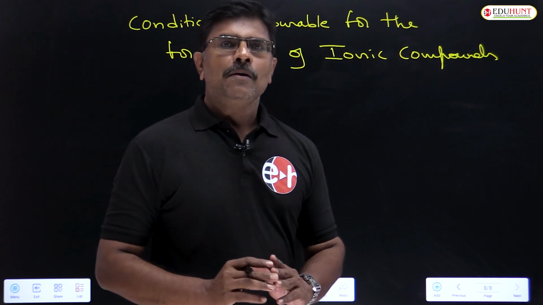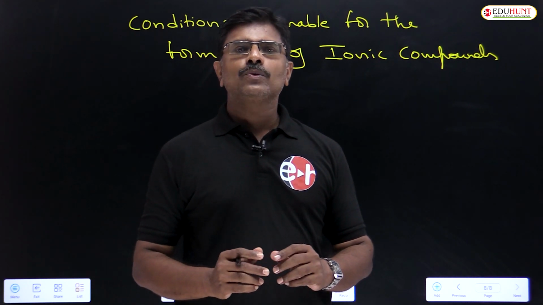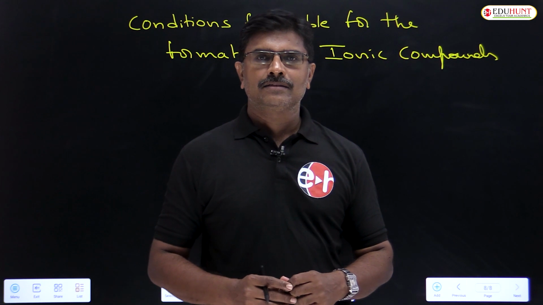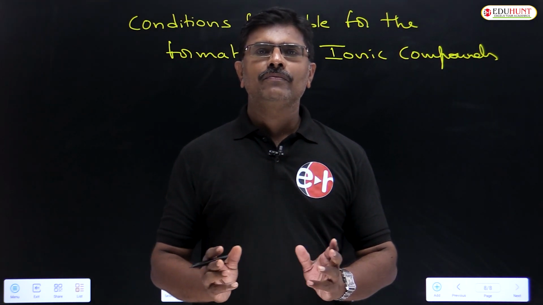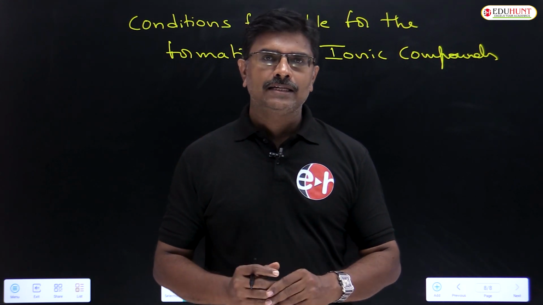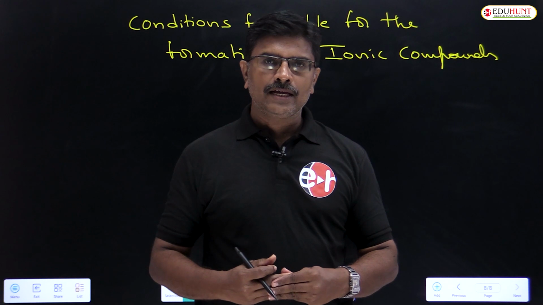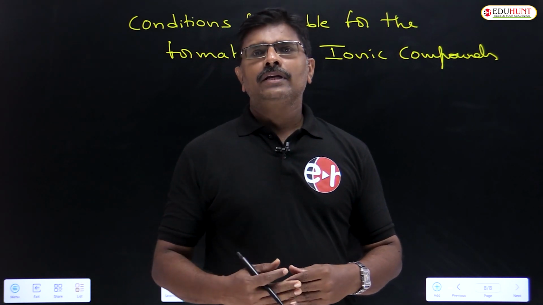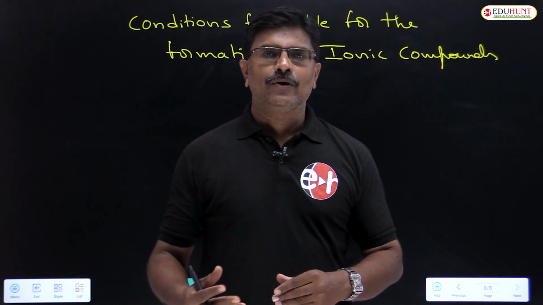Dear students, please try to recollect that ionic bond is going to be formed between 2 oppositely charged ions, isn't it? What are those 2 ions? One is a positively charged ion, which we call the cation, and the other one is a negatively charged ion, which we call an anion.